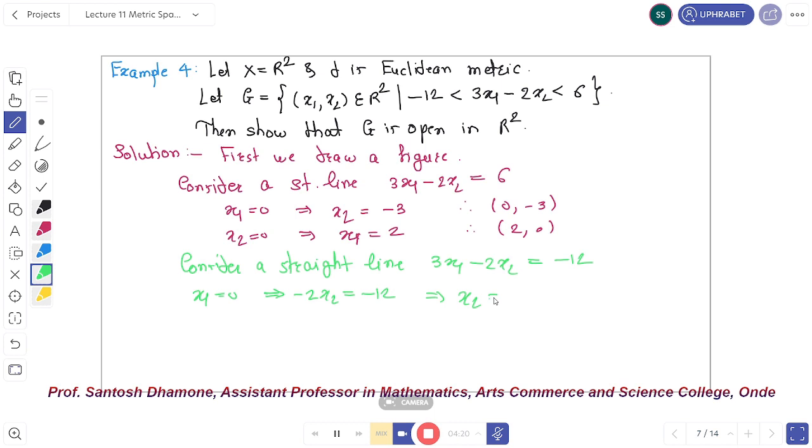Let the point (P1, P2) belong to set G, be any arbitrary point.